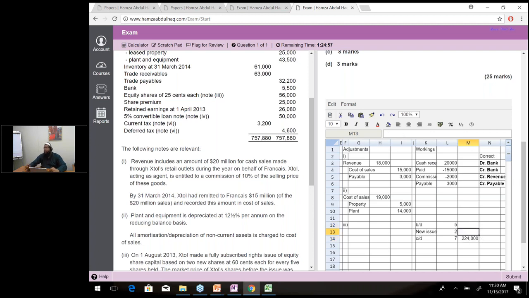Now, can you tell how many new shares were issued in this case? Hamza Ahmad is saying 89,600. Arslan Beg is saying 44,800.